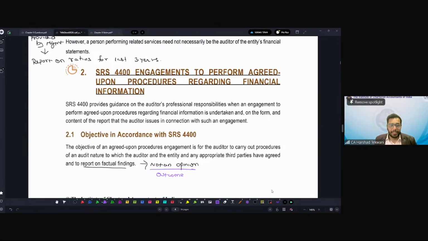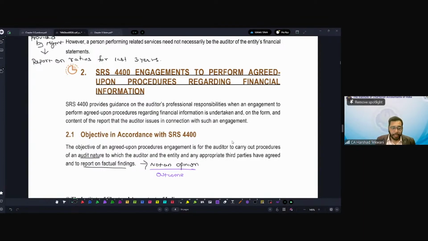When I talk about agreed upon procedures, specifically SRS 4400, the engagement is that the practitioner is going to perform procedures which are of audit nature, and based on that he is going to report factual findings. That's why the term auditor is being used.